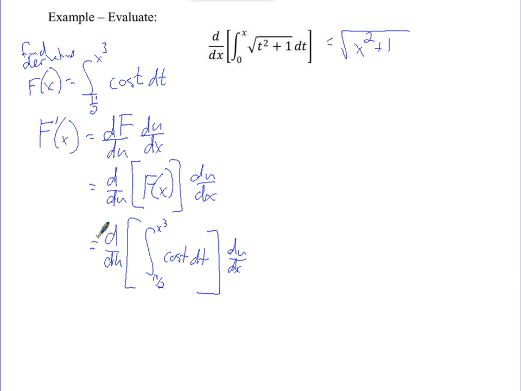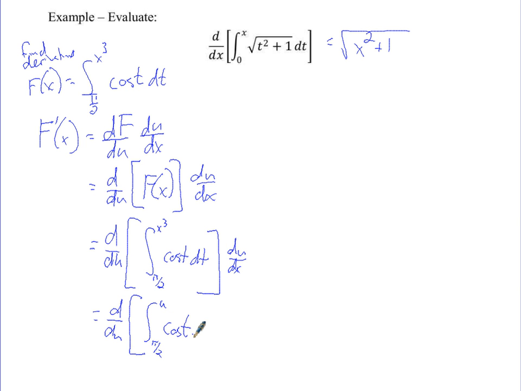So we have this d over du. I need a u. This is my u right here. So now what I have is d over du of the integral still from pi over 2 to u of cosine t dt, and then du over dx. Remember, this pi over 2 is totally irrelevant here with the second fundamental theorem of calculus. It doesn't matter what this number is at all. It's this one right here that matters, and now that's u.